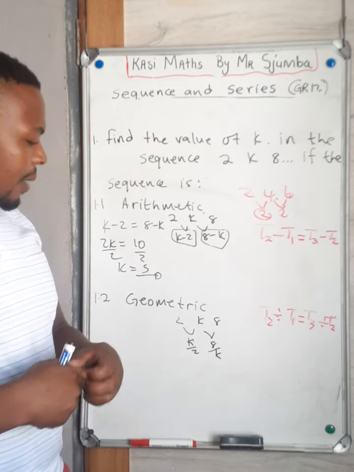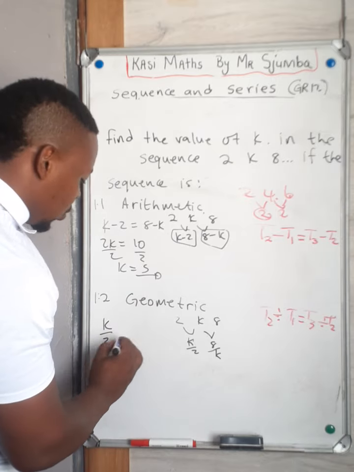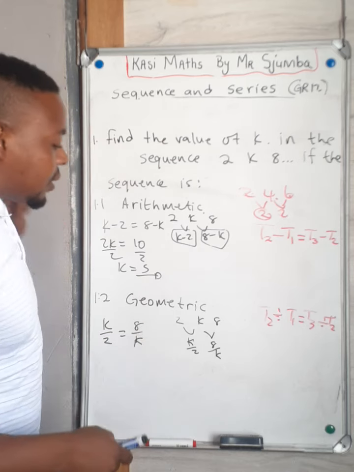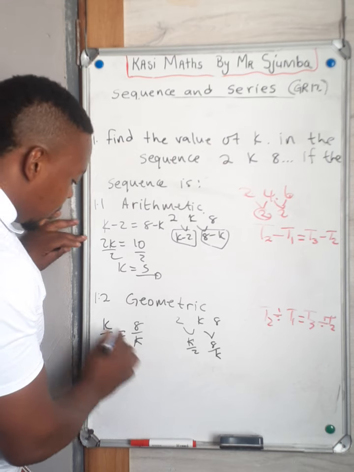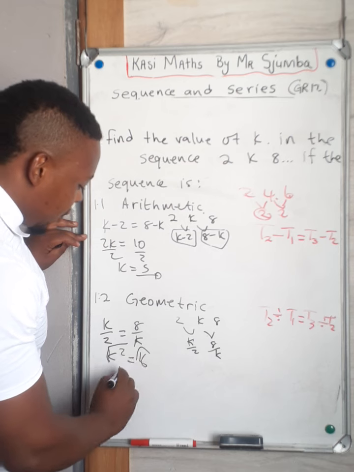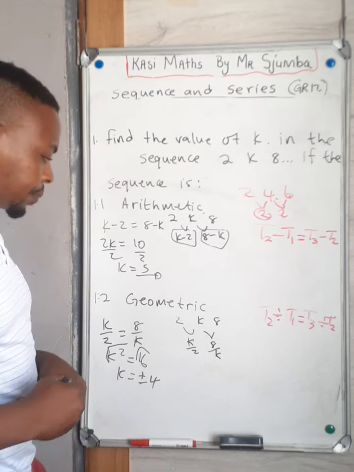So we can equate the ratios: k over 2 should equal 8 over k. Then we solve by cross multiplication. It's going to be k squared equals 16. Finding the square root, k will equal plus or minus 4.